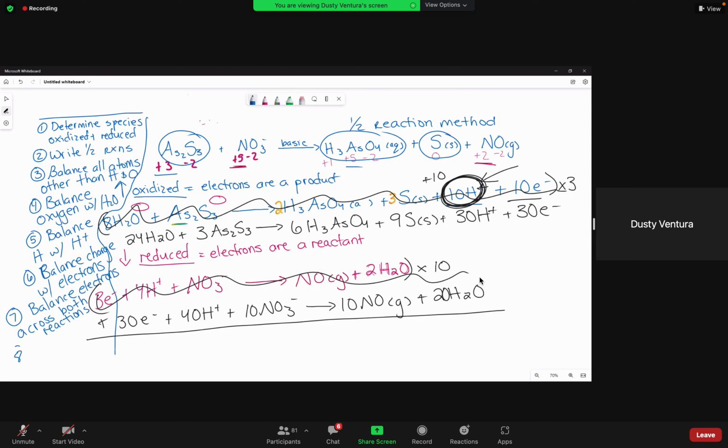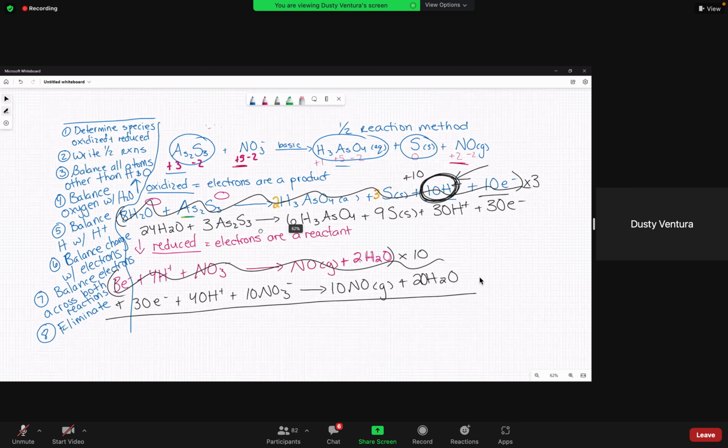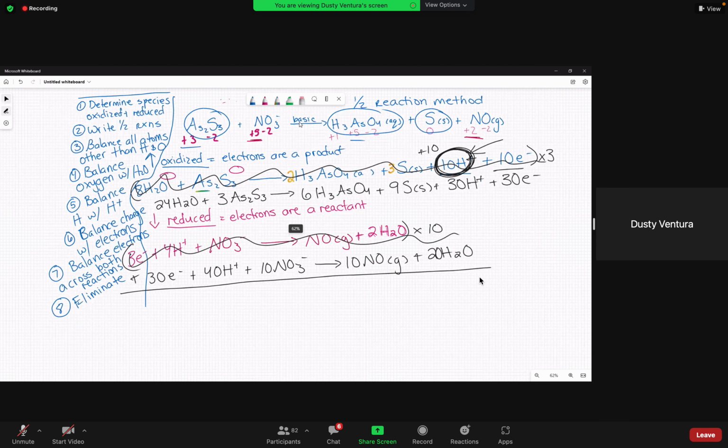Number 8, so we balance electrons, and now we eliminate spectator ions. So anything that matches on the left and the right of your reaction, anything that's the same on the left and the right.